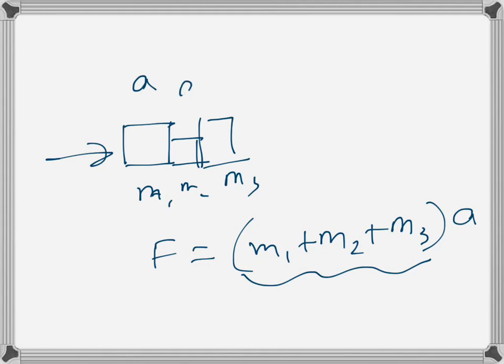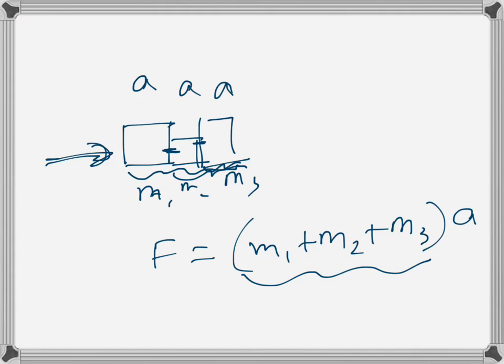This one's acceleration is a, this one's a, this one's a, but the force between the blocks would be the sum of the masses beyond that point times the acceleration. The force here is actually the sum of all three masses times the acceleration. That's how we calculated the acceleration.